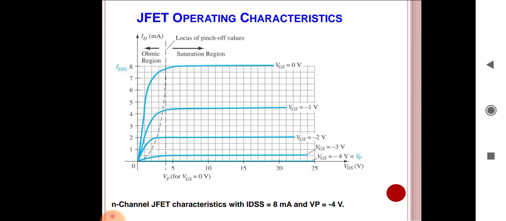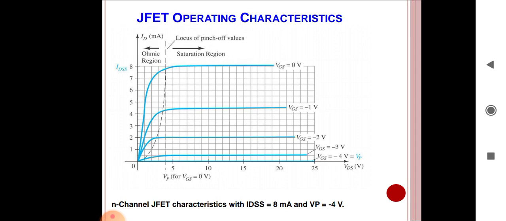So the cutoff region corresponds to ID equal to 0 and VGS beyond VGS off. Saturation region is the portion of the characteristics where ID remains fairly constant and does not change with VDS. Saturation region is entirely different from the saturation region in a transistor. In order to use JFET as an amplifier, it is operated in the saturation region.